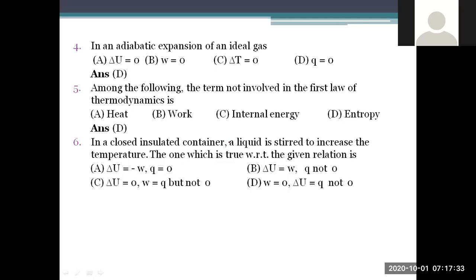And a liquid is stirred to increase. Stirring a liquid is like doing work on the system.